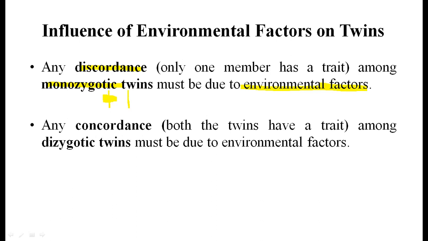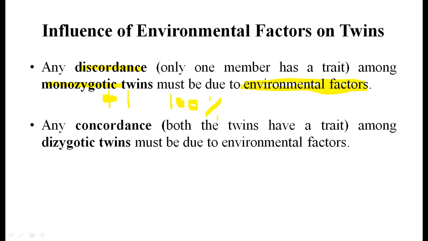In monozygotic twins the similarity of genes is around 100%. Because both individuals of the pair have 100% common genes, the trait present in one individual but not in the other can be predicted to be due to environmental factors.